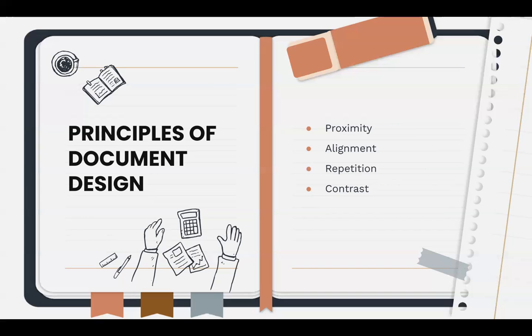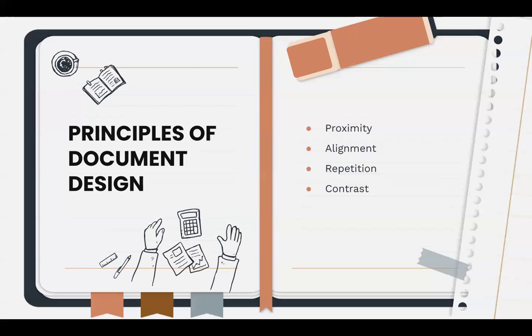Likewise, items that are far apart from one another tend not to be associated with one another. So when you put things together, make sure that you are putting things that are related to each other or associated somehow near each other instead of putting them far apart on the page.